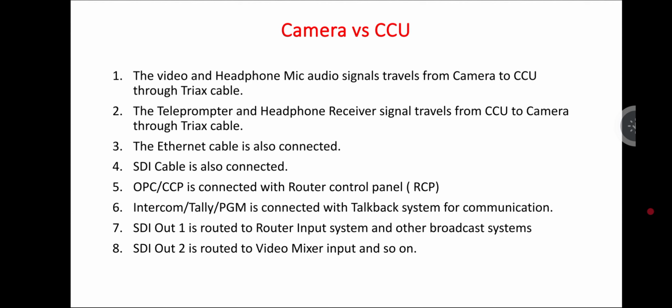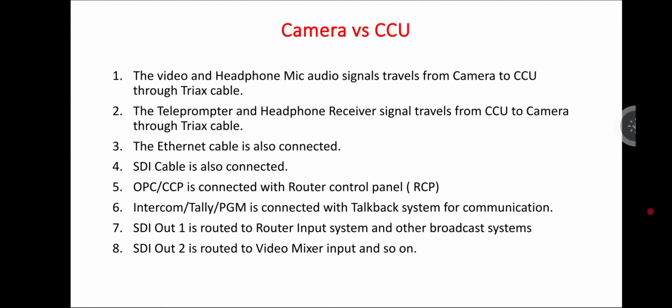The video and the headphone mic audio signals travel from the camera to the camera control unit through triax cables. The teleprompter signal, we call TP signals, and headphone receiver signals travel from CCU to camera through triax cables.